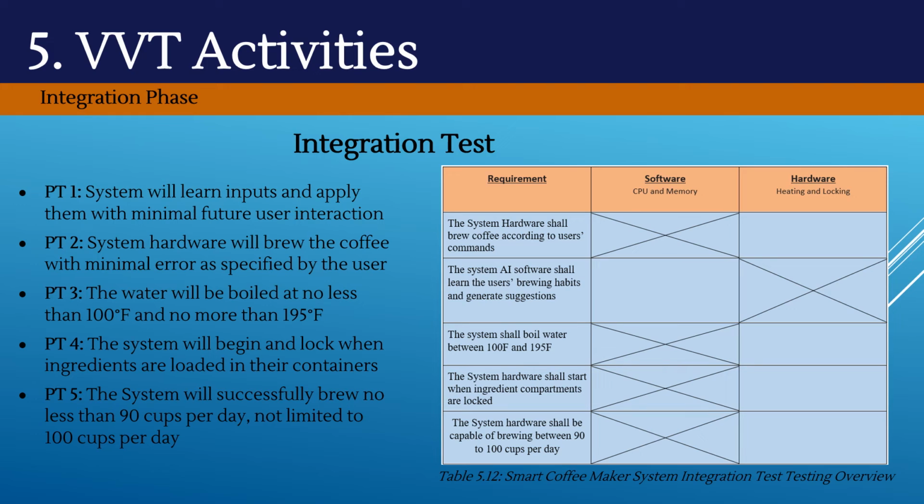So some of the requirements that we've listed here, such as the system hardware shall brew coffee according to users. Is not a software, but it is relating to hardware.